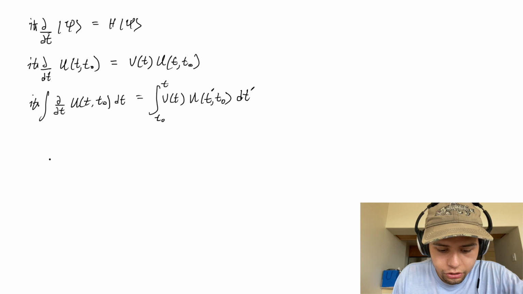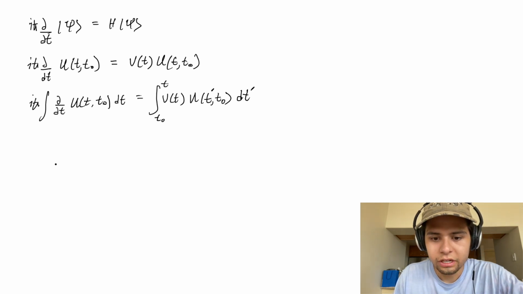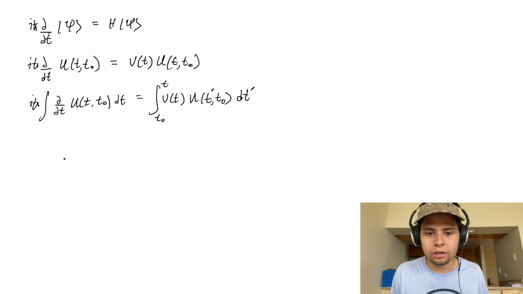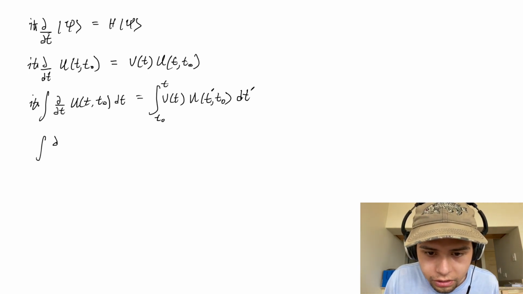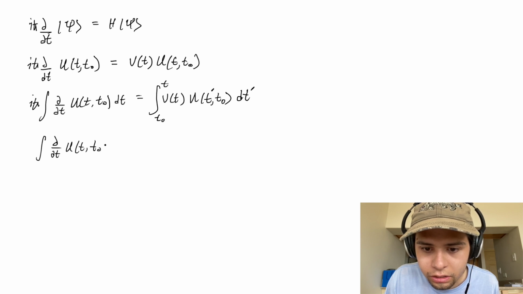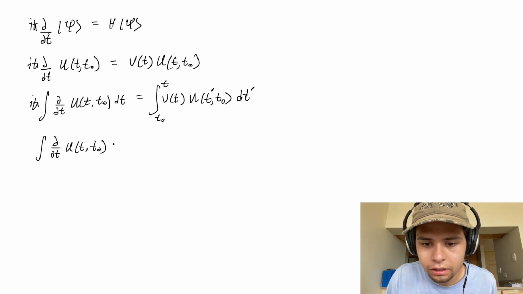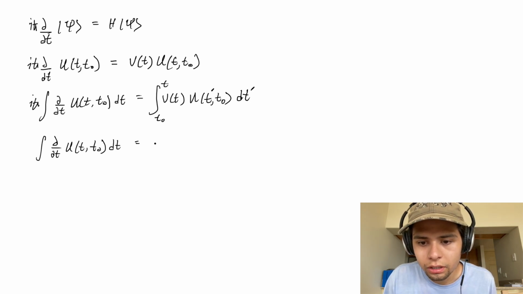Okay, so what we can do now is basically just a couple more manipulations here. So what I want to do now is d dt u of t dt like this is equal to, I divide both sides by h.